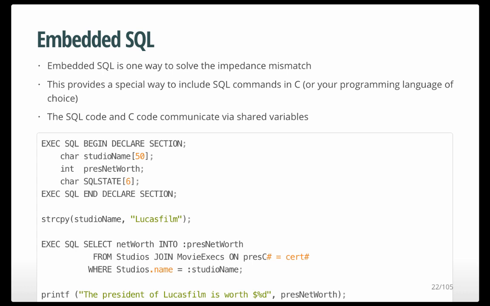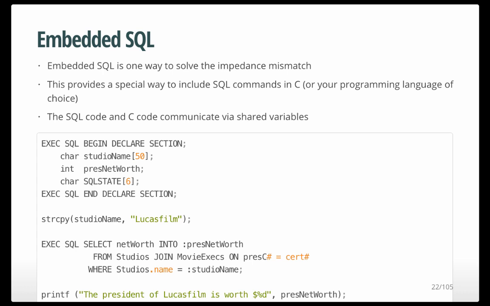In particular, I want you to see studioName and presNetWorth, okay? Those are two C variables. Notice that studioName is an array of 50 characters, and because of the trailing null, you can put up to 49 characters in that. And we also have presNetWorth, which is just a regular 32-bit integer.